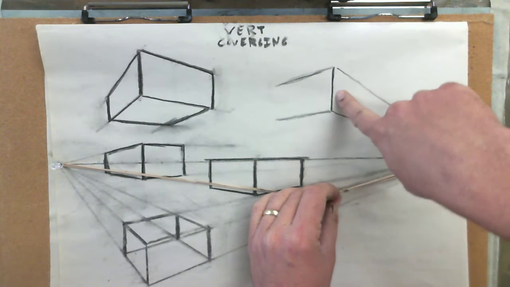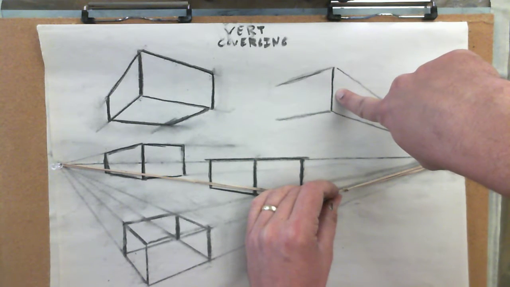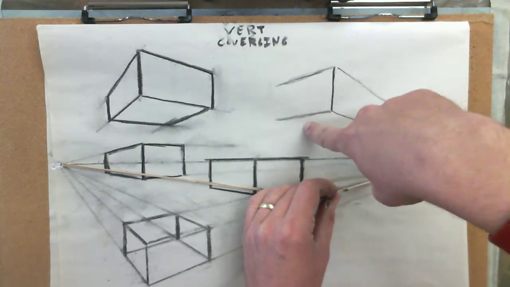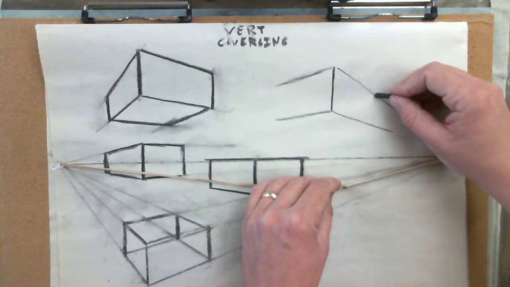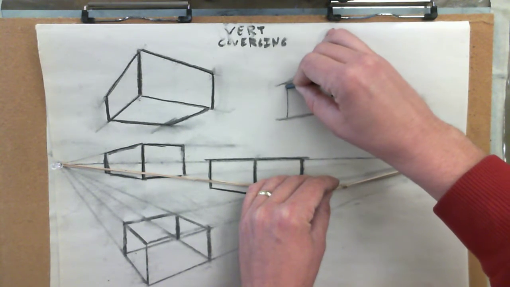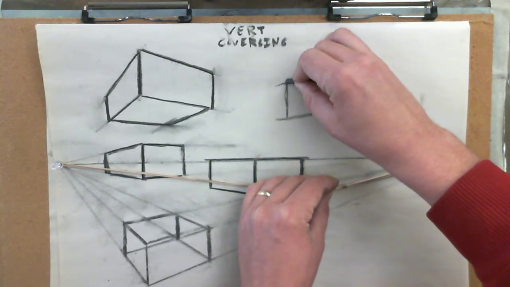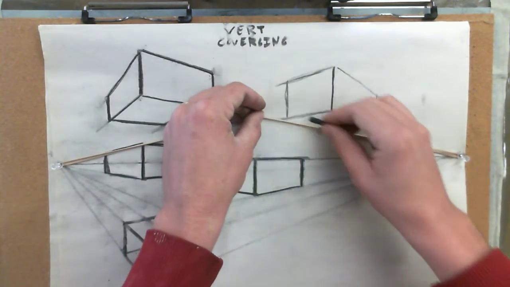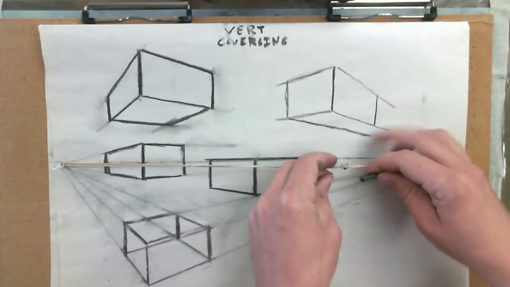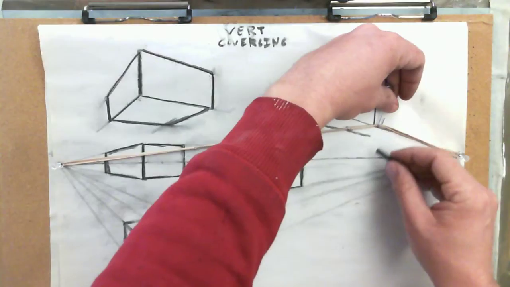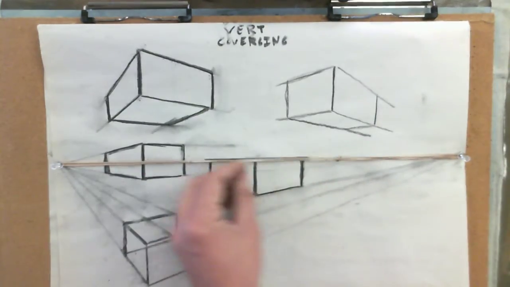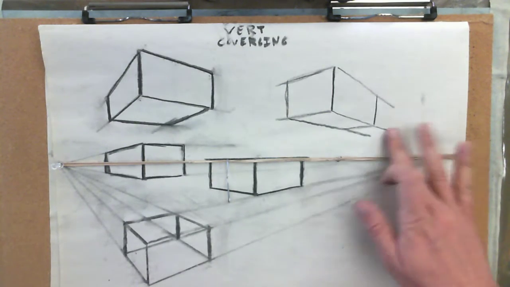So, leading edge, top and bottom of the right hand side, top and bottom of the left hand side. Back of those sides, finish those sides off. And bottom. Better if I had one longer range. Okay?